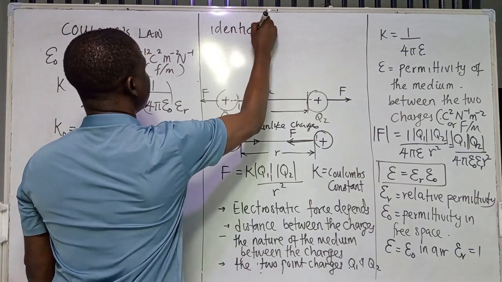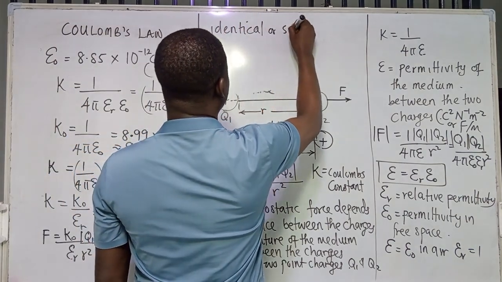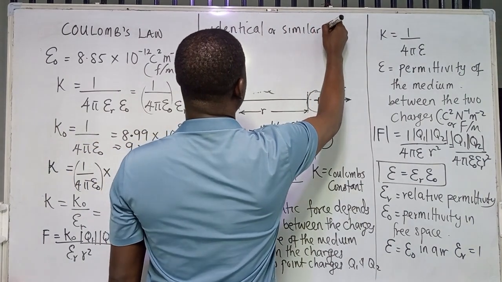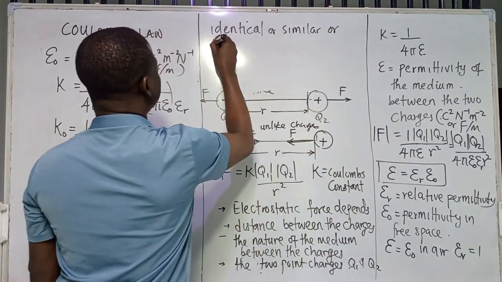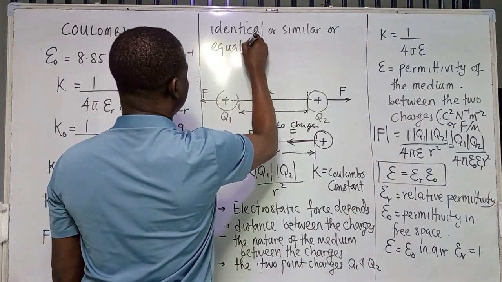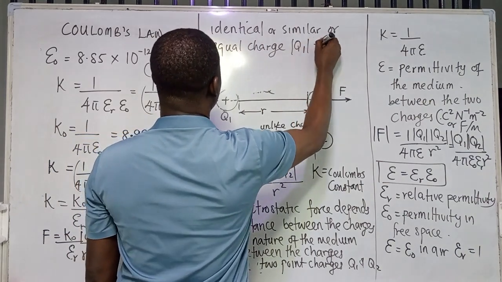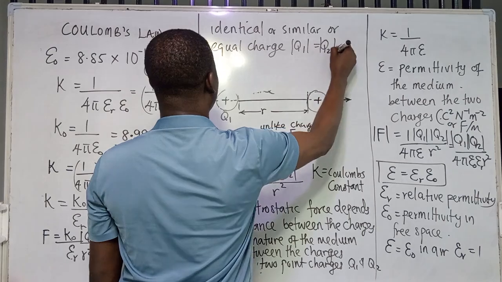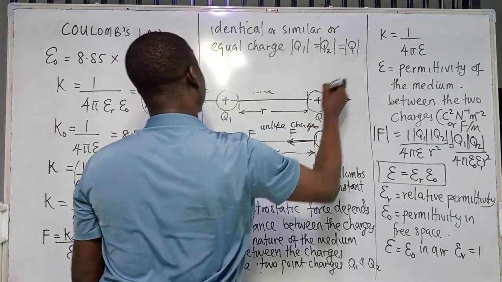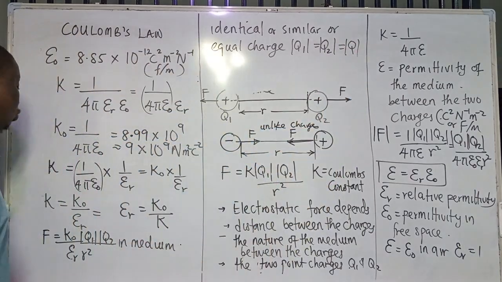Identical or similar charges or equal charges. That means Q1 and Q2 are equal. Q1 is equal to Q2 and it is equal to Q.